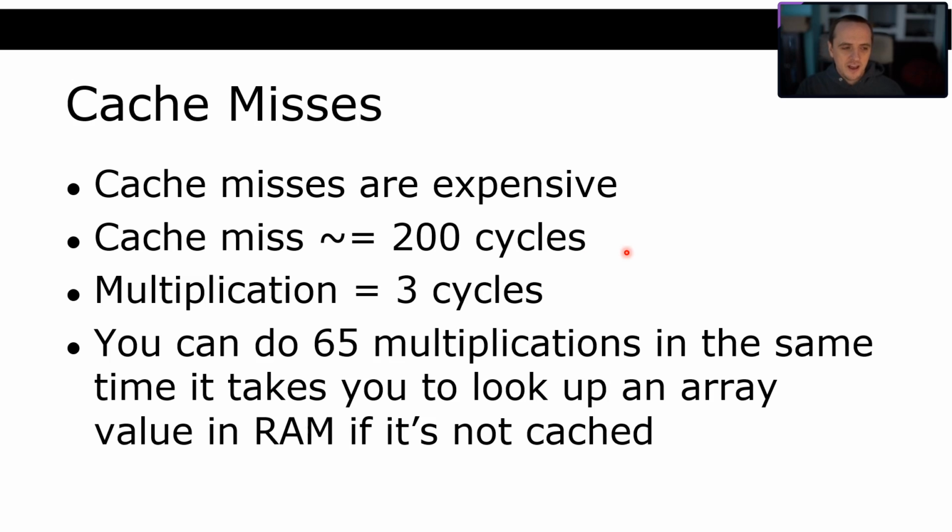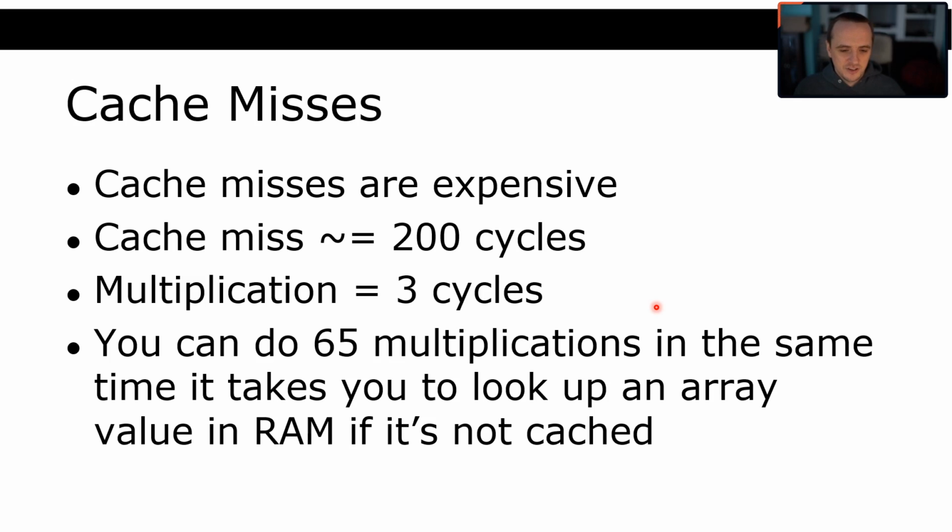So you might have been thinking this whole time that if you have fewer multiplications, fewer additions, fewer subtractions, then that's how you optimize your program. You could do 65 multiplications in the same time it takes you to just look up the value that you want to multiply if it's not cached.